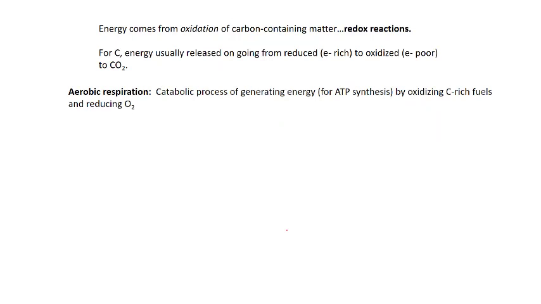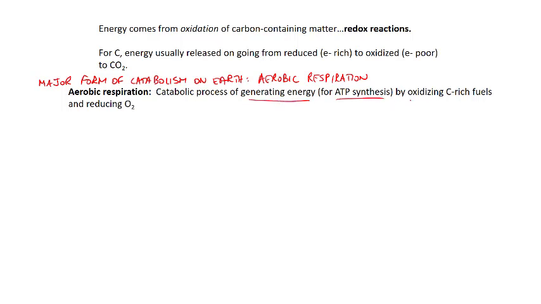All right, we are going to focus our attention on one form of catabolism. That is the major form of catabolism on Earth, and that is what is called aerobic respiration. What's aerobic respiration? It's the process of generating energy for ATP synthesis by oxidizing carbon-rich fuels and in the process reducing oxygen.